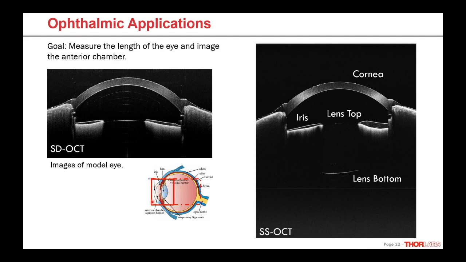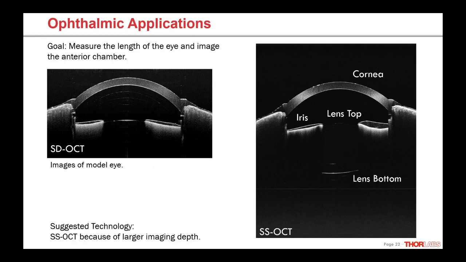You can measure the geometry of the anterior chamber, and that gives you the refractive power of the eye, but you still don't know where the actual retina sits because you want to focus on the retina. So you need to know where the retina is in order to not focus in front of or behind the retina. In that case, you would typically use swept source OCT because you can achieve a much larger imaging depth.